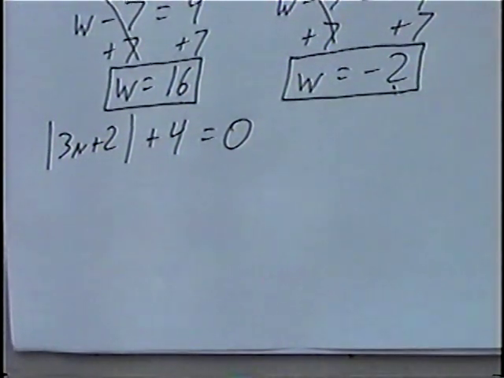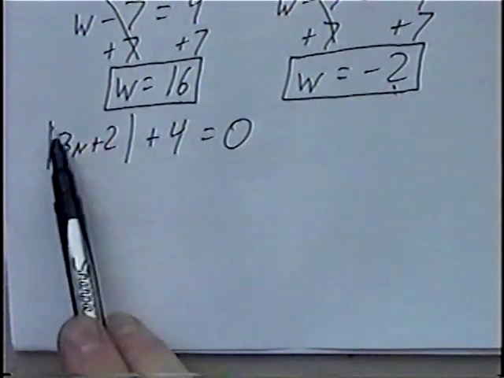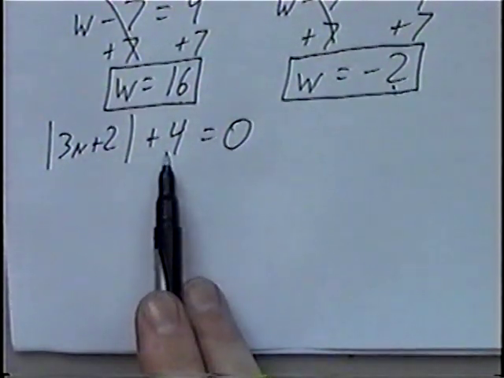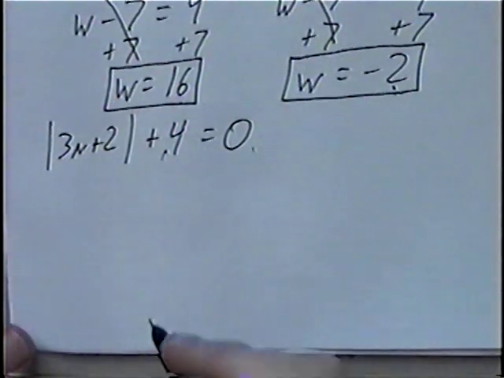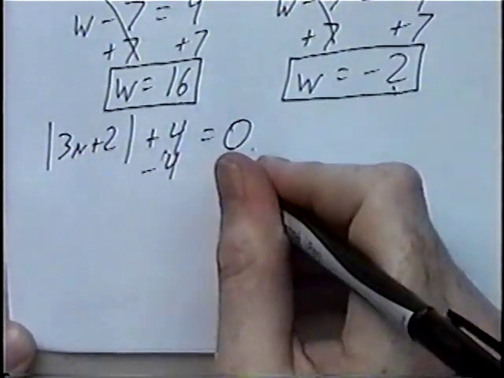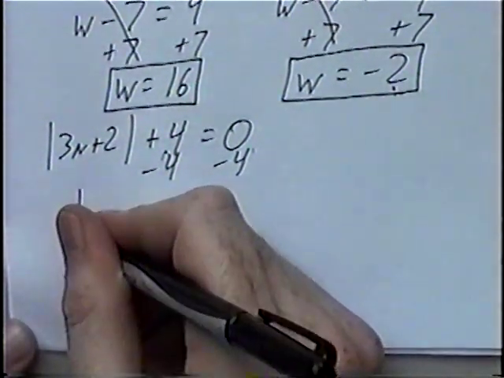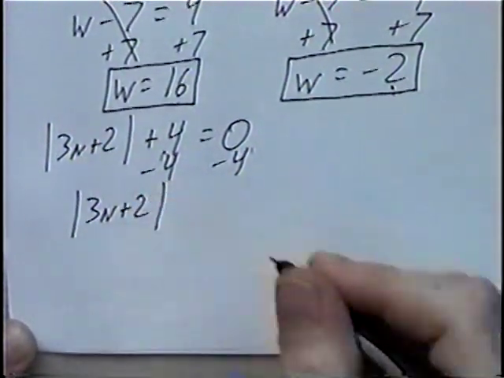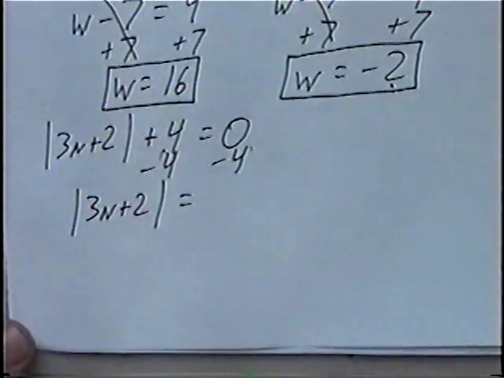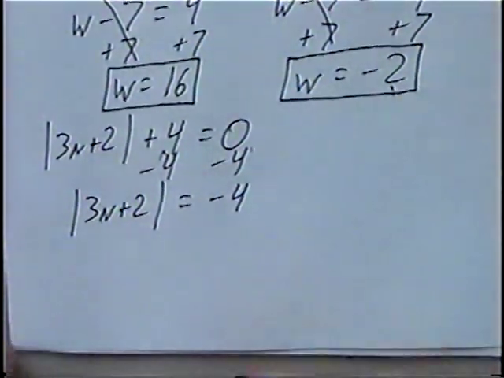Solving this question, again, the first step is to isolate the absolute value, or get the absolute value by itself, which means we have to move this positive 4 to the opposite side. To do that, we can subtract 4 on both sides. The absolute value of 3n plus 2 would stay the same, and 0 minus 4 would equal negative 4.